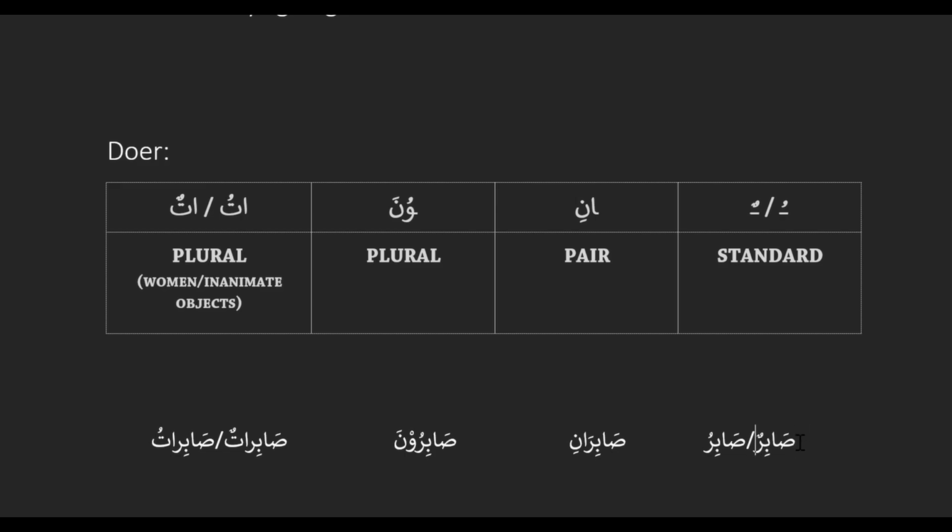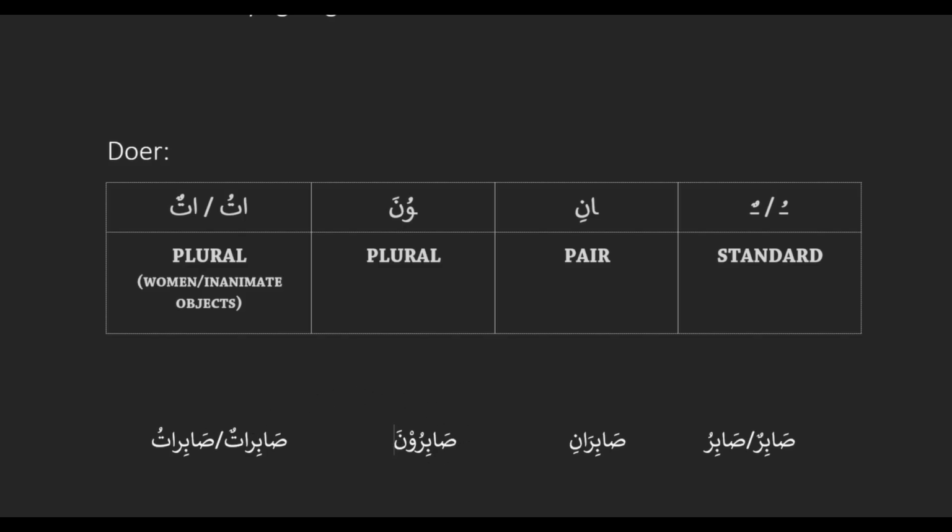Same thing, sabirani. Your base word is sabir, and you see the ani sitting there at the end of the word. It's kind of like a name tag telling you, I'm a doer. Same with sabiruna, you see the una, and then atun, you see the atun. All of these stickers tell you that this word is a doer.